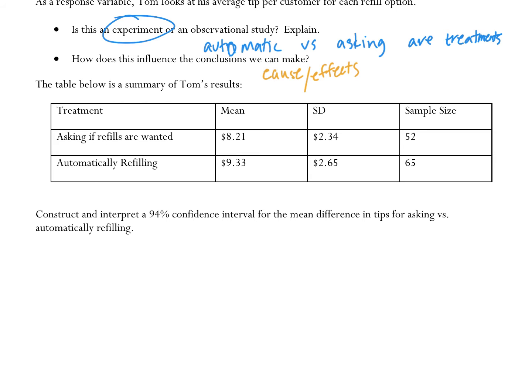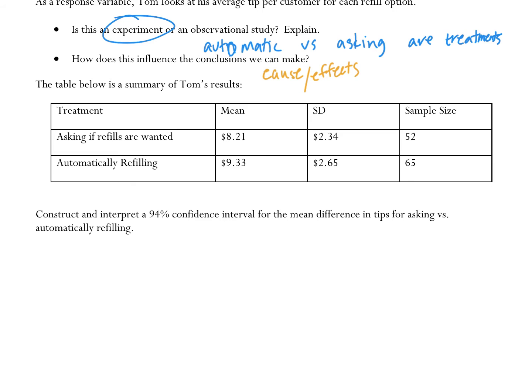Okay? As we calculated our t-star before, we used degrees of freedom. Which sample size do I use? Do you combine them?